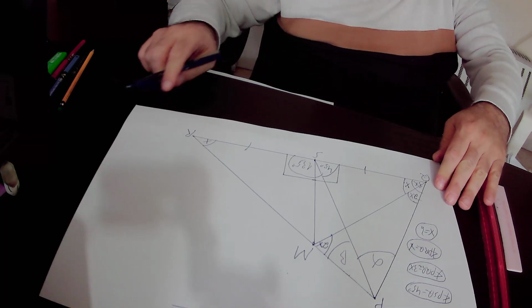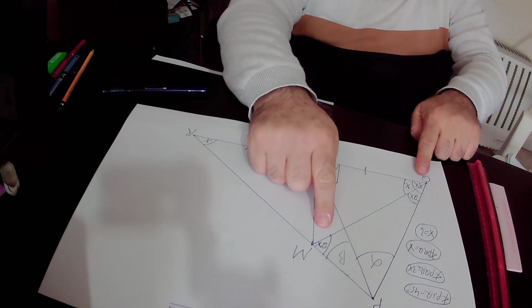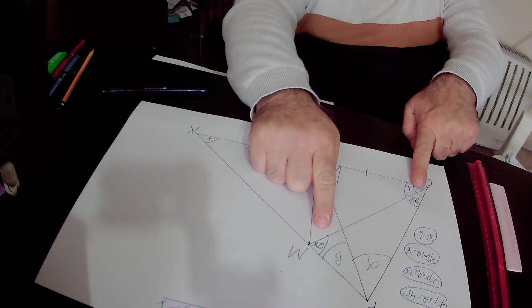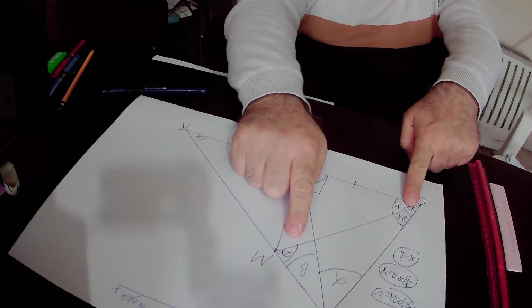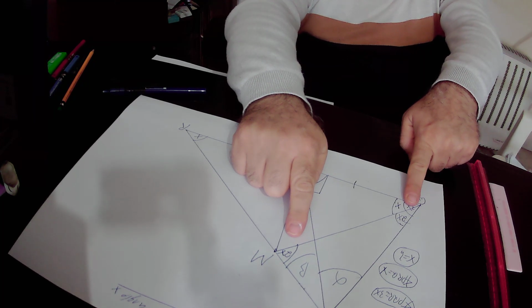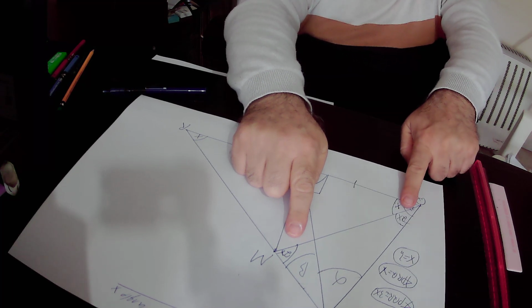Therefore, triangle PMQ is an isosceles triangle because it has two angles that are equal to each other. They are both equal to 2x. And we have the rule that opposite equal angles in a triangle, there are equal sides. Opposite those two equal angles that are 2x, there are equal sides.